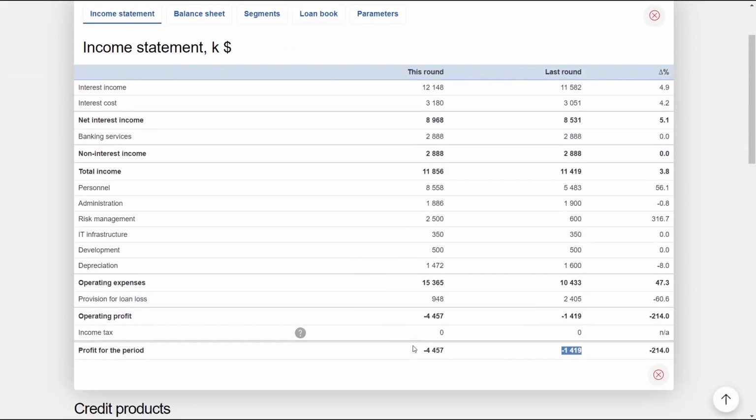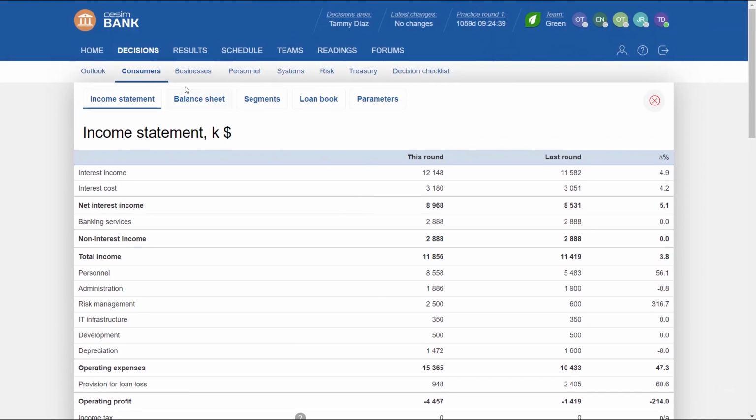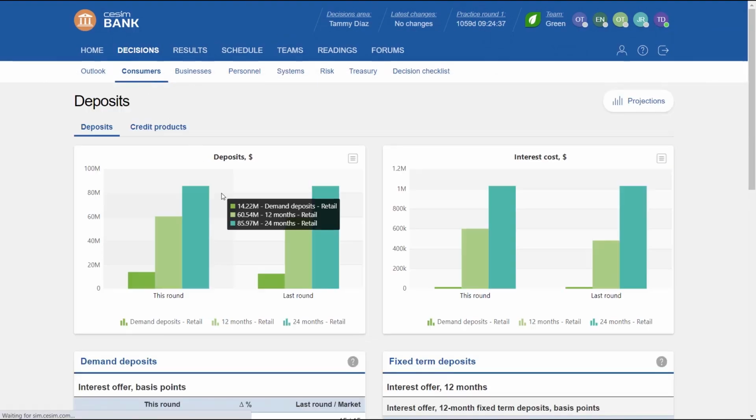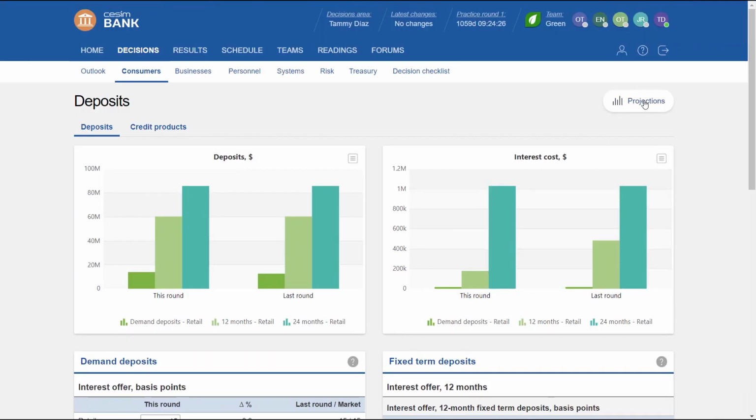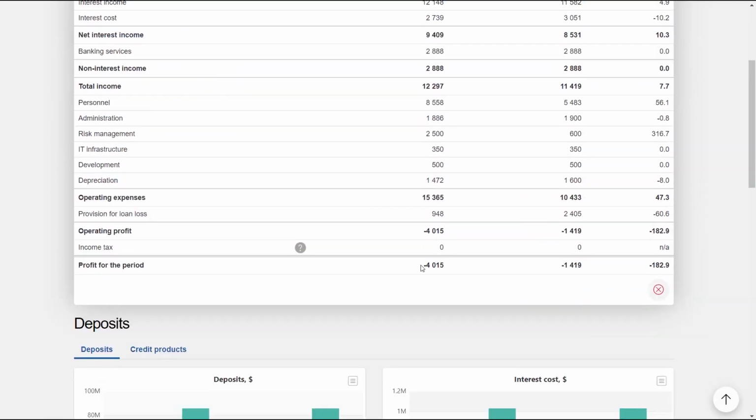So for example, now we have this minus 4.5 million. If I would go back and change my consumer fixed term deposits, for example, I'm not going to pay them 100 basis points, but I'm only going to pay 30 basis points, then I can see how this would influence my profit.